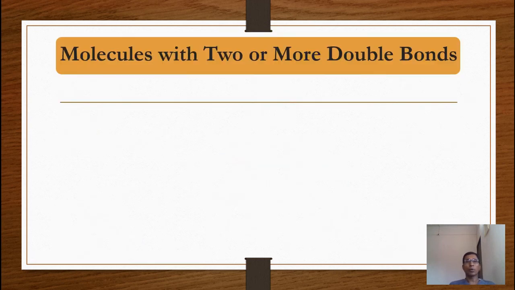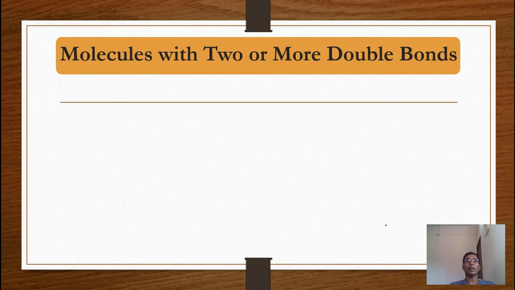Now, before going to the IUPAC nomenclature of cumulenes, we will see such molecules in which two or more double bonds are present. As all of you know, the presence of a carbon-carbon double bond or pi bond, we call these compounds alkenes.